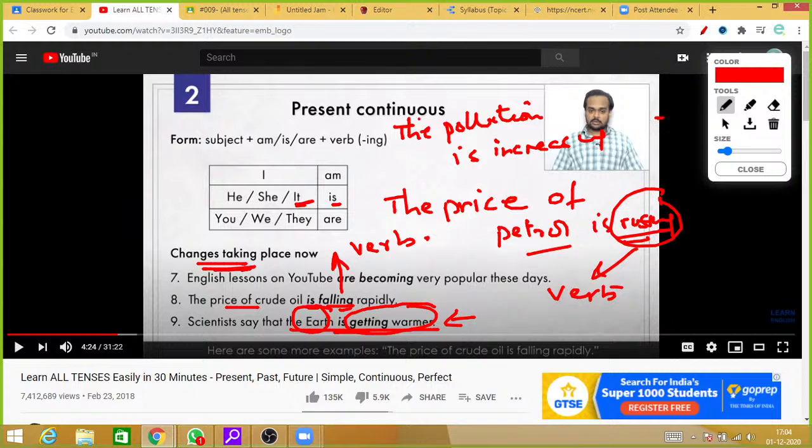Or another temporary thing, the weather is becoming colder these days. So becoming, increasing, getting, all these are simple present continuous tense.